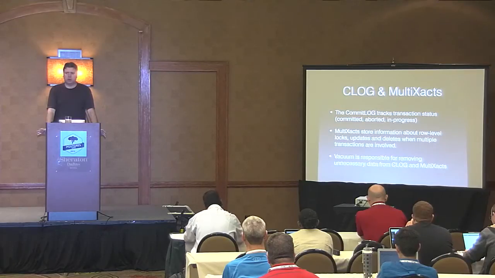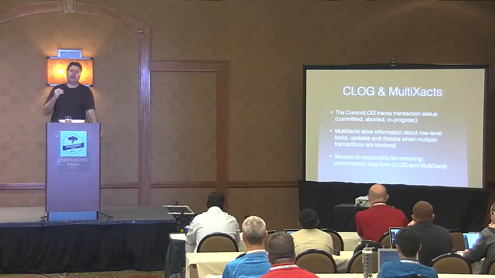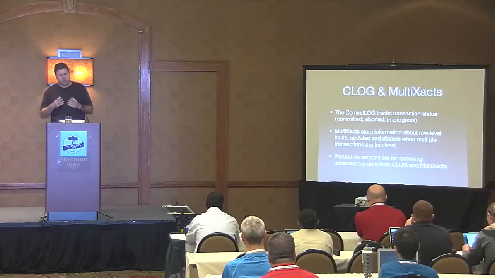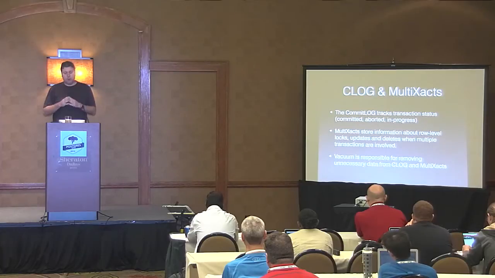Multi-transactions work, the back-end infrastructure is very similar to the commit log. They're there for a different purpose. They handle pieces of information that are stored with rows of data, just like the commit information, but they need to handle multiple transactions accessing a row at the same time. Normally, you will only see this with foreign key checks.